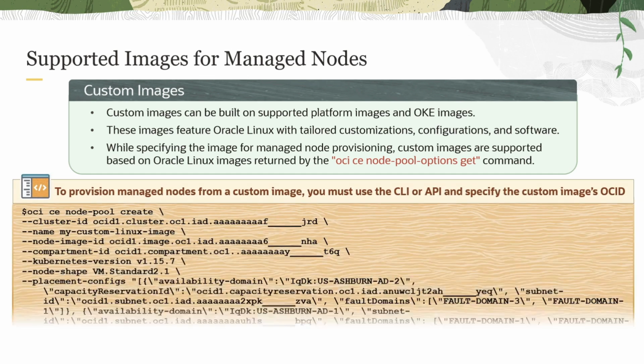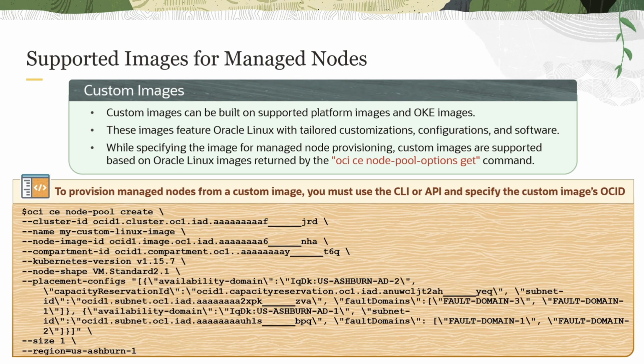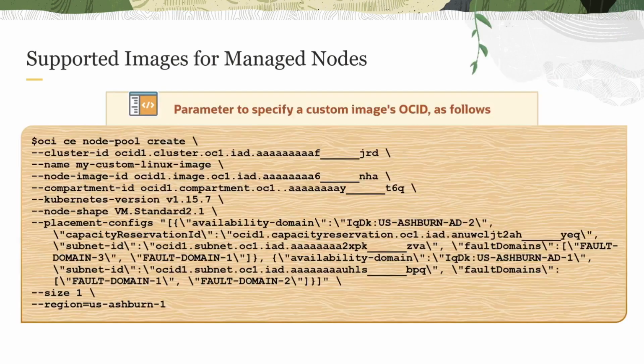Now, to provision managed nodes using a custom image, you need to work with the CLI or API and specify the OCID of the custom image when creating the node pool. For example, you can use the OCI ce node-pool create command and specify the --node-image-id parameter along with the OCID of your custom image.